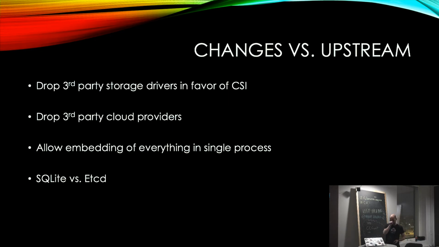Maybe from a technical point of view, the biggest change is changing the data store. Standard Kubernetes uses etcd, which is, how would I put it nicely, not so nice.